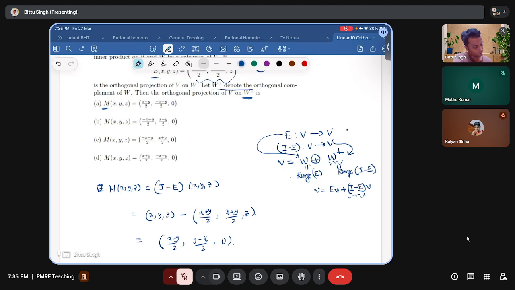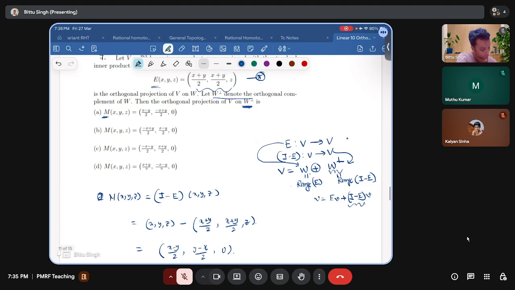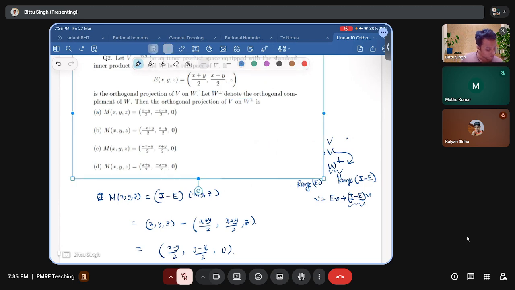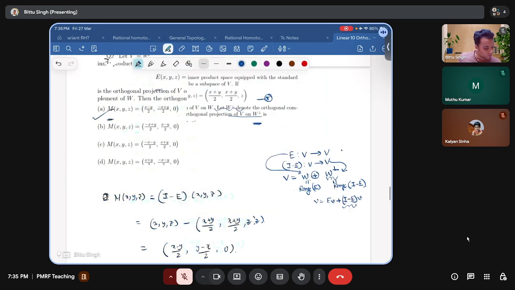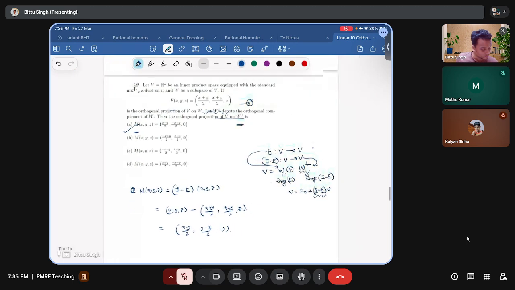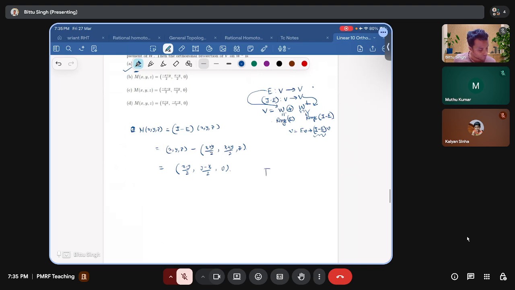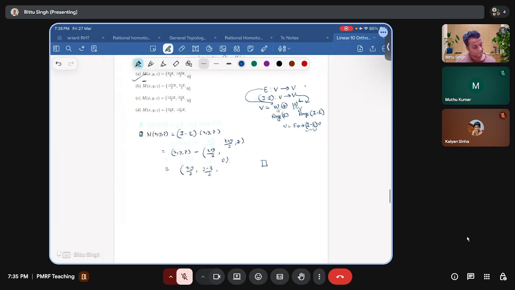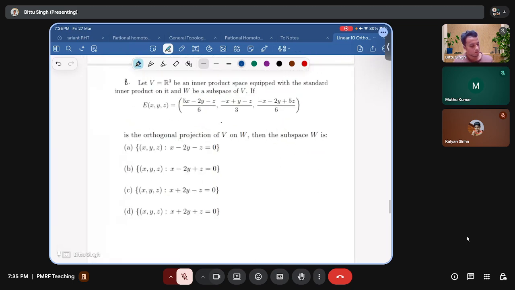So from here you can see that this is the correct answer, actually, A. So this problem is similar.